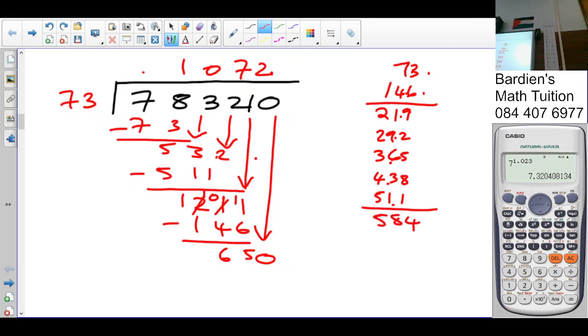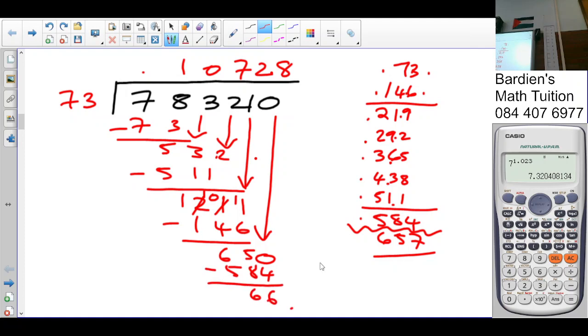Give me another one. 657. No, that's over. So that is under. There's 1, 2, 3, 4, 5, 6, 7, 8. 8 big ones. 8 times 73 is 584. Subtract 66. Yes, so it's a remainder. 60. Who got that right?